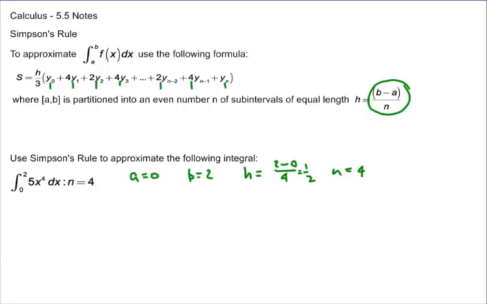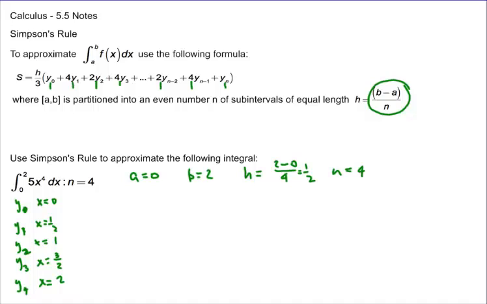Alright, and then we want y0, y1, y2, y3, y4. So y0 is when x is 0, y1 when x is 1/2, y2 when x is 1, y3 when x is 3/2, and y4 when x is 2.